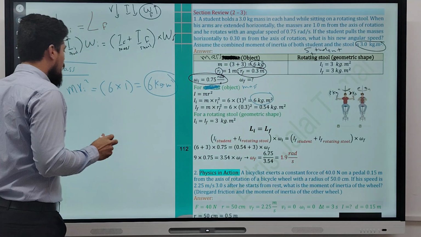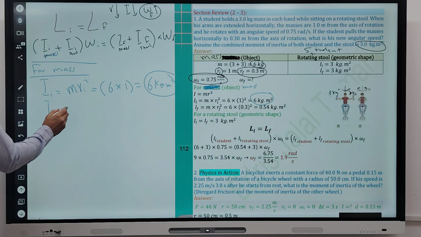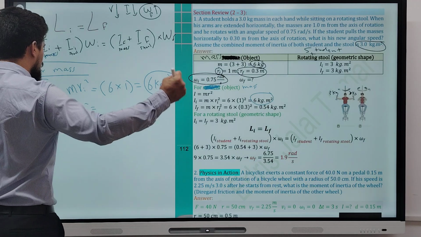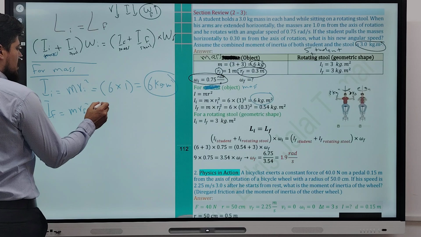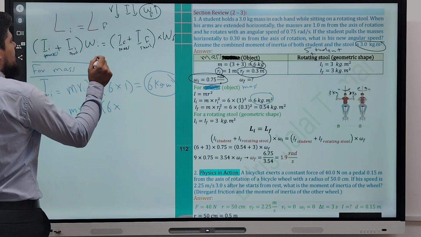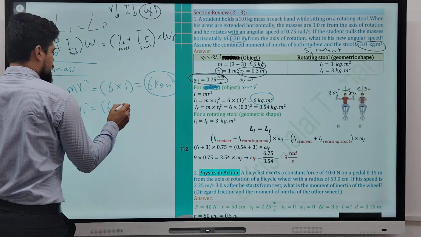Each mass has 3 kilogram. I final is M R final squared, because the student tried to close his hands inward, cutting the moment of inertia. Mass is the same, times R, and R final was given as 0.3 meter.